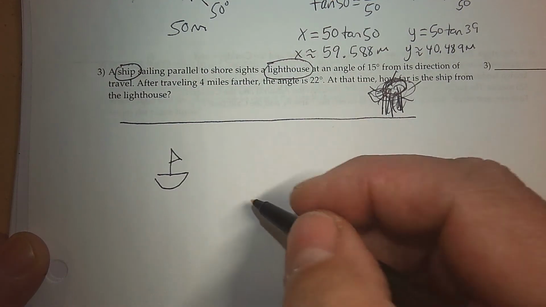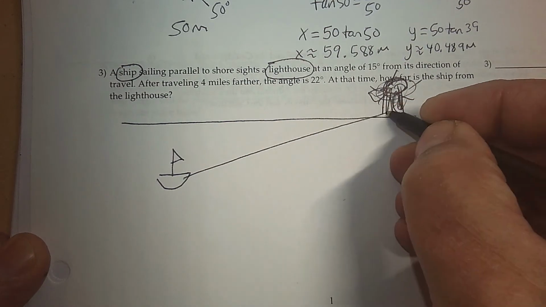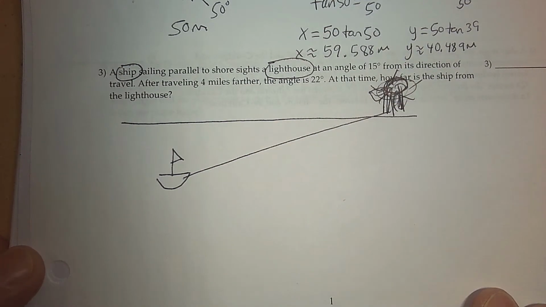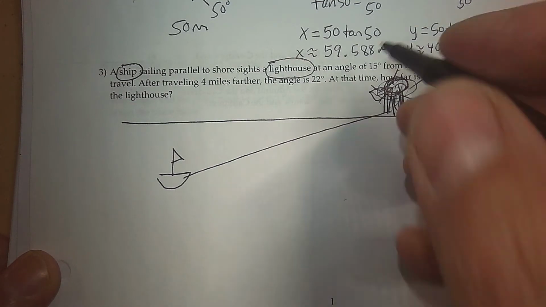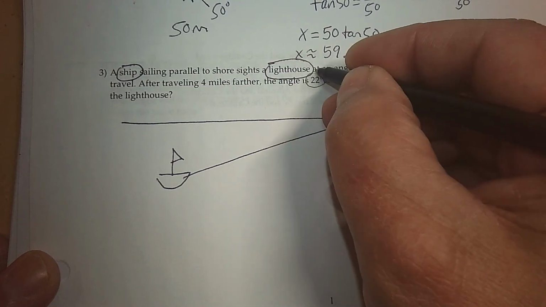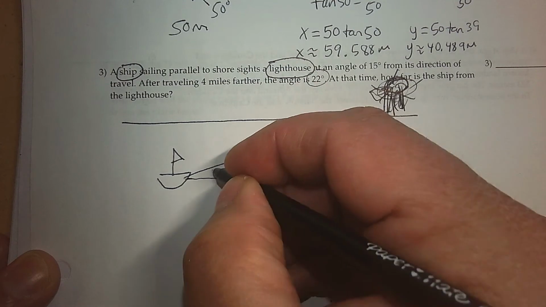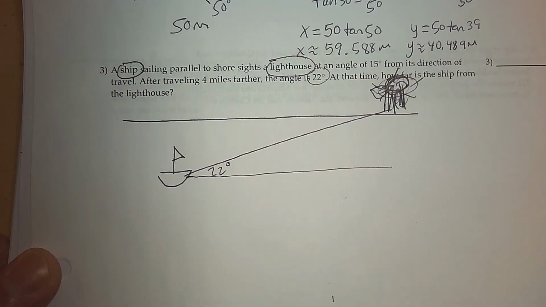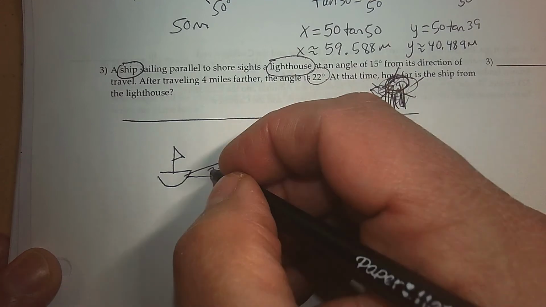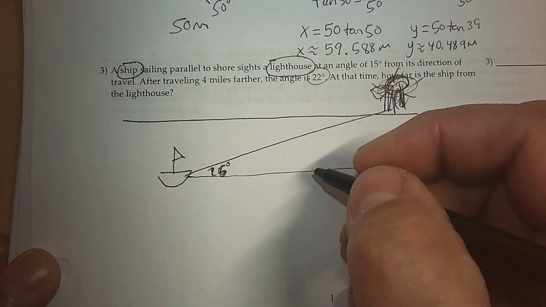And then, when it spots the lighthouse, what angle does it make to the lighthouse? And that angle is like the angle of elevation. First it's 15 degrees, right? Then what does the boat do?